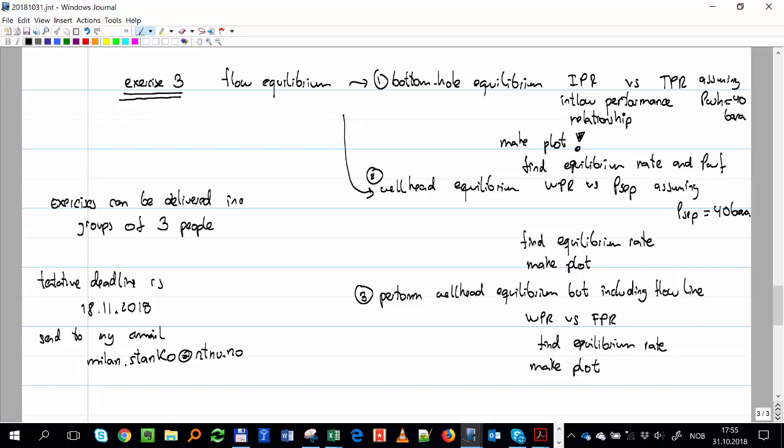Skype? You don't use email? You have Skype and WhatsApp. Yeah, WhatsApp, both. I have both.